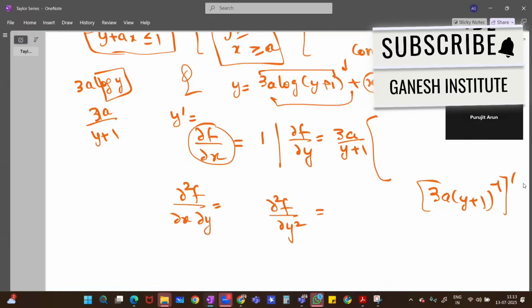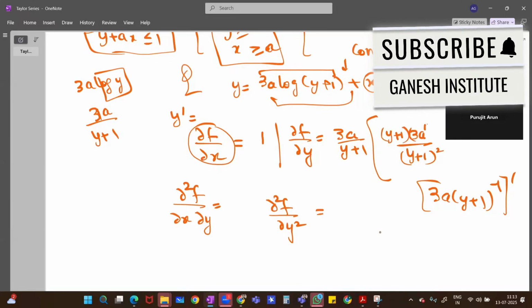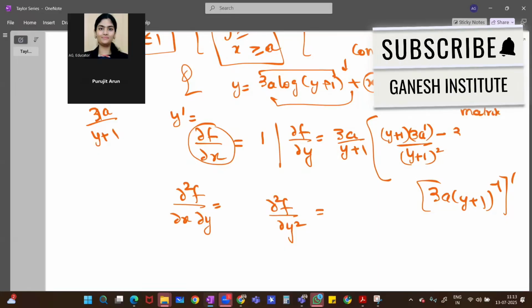I kept y plus 1 in the denominator itself, which is also fine. With the quotient rule, the denominator stays as it is, and the numerator's derivative is 0 minus 3a times the derivative of y plus 1.